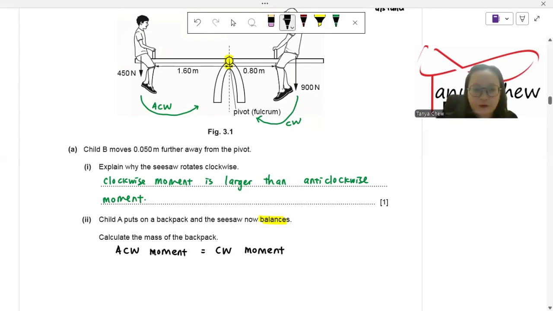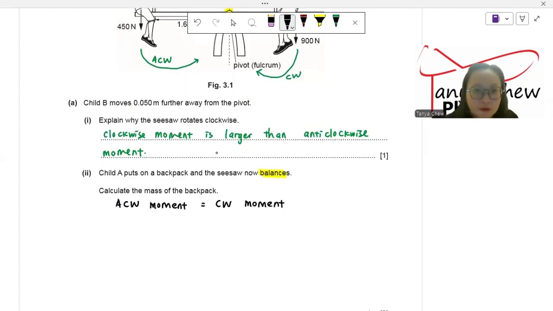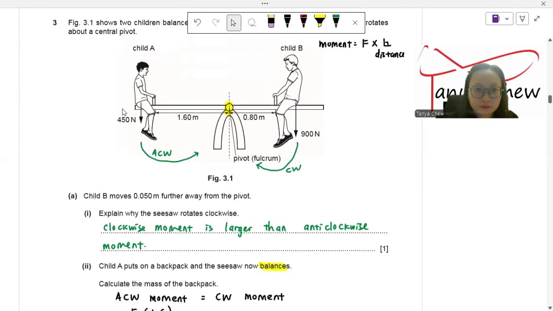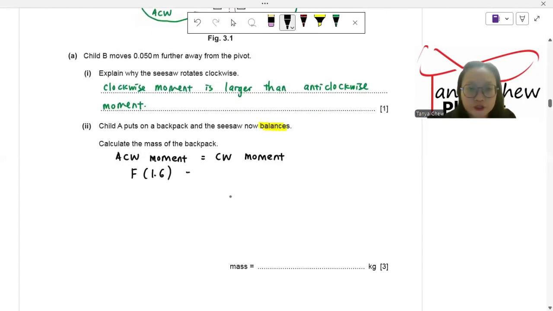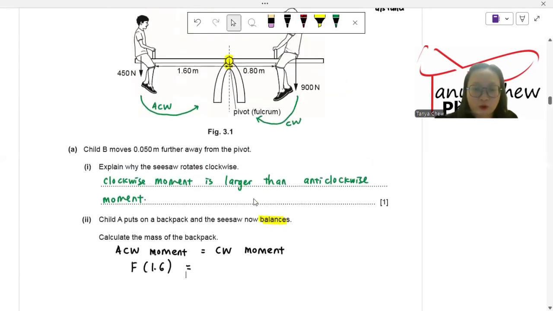Since I need to find the mass of the backpack, I don't know the total force given by child A, so I'll just put it as F. F times the perpendicular distance, which is 1.6, between the force on child A and the pivot, is equal to the clockwise moment, which is the force 900 Newton, times, remember what they told you?